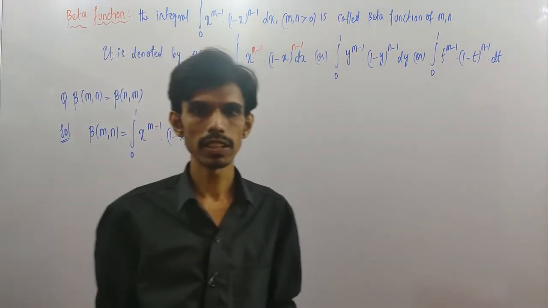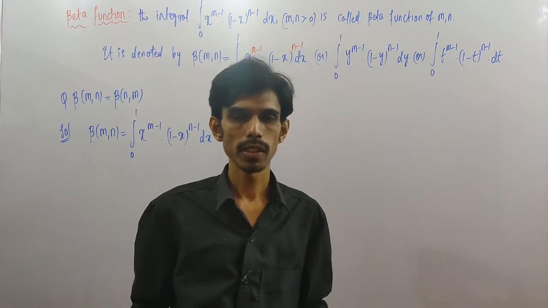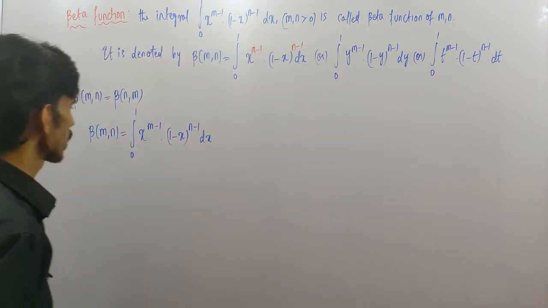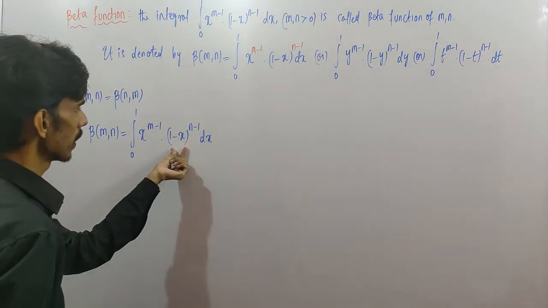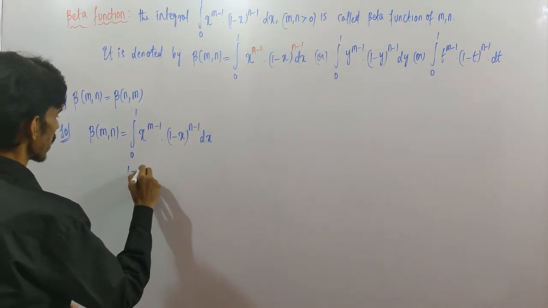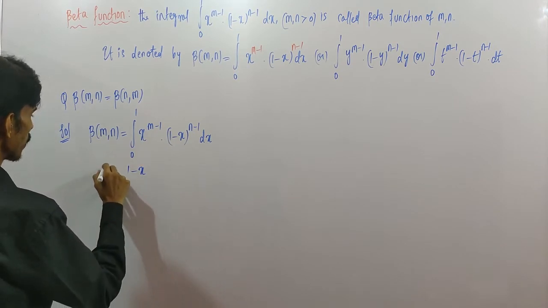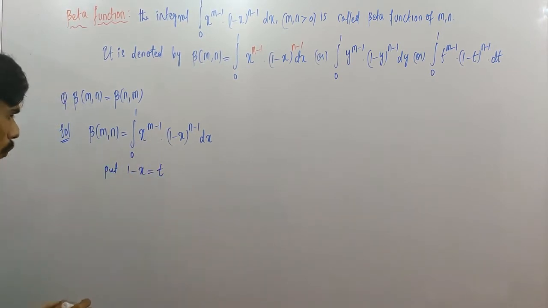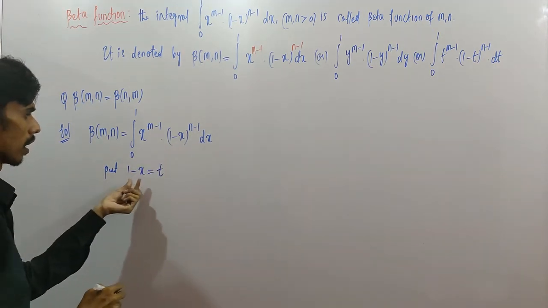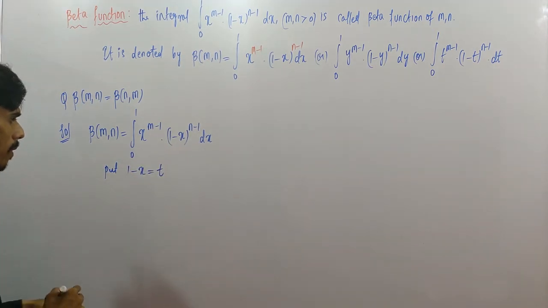Now this beta function is completely based on substitution. So this unit is mostly based on substitution. So here we will take this 1 minus x and substitute this as some other variable t. So we are substituting this variable t as 1 minus x.